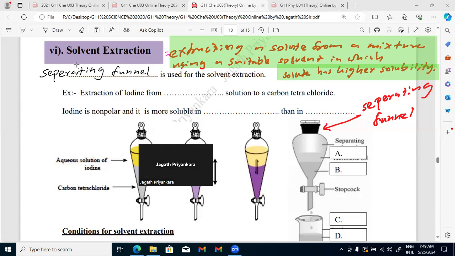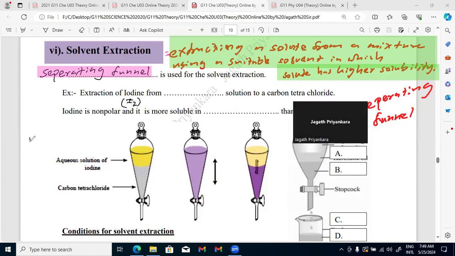Plus, the example I have given: extraction of iodine, I2. Iodine is a non-polar inorganic substance.